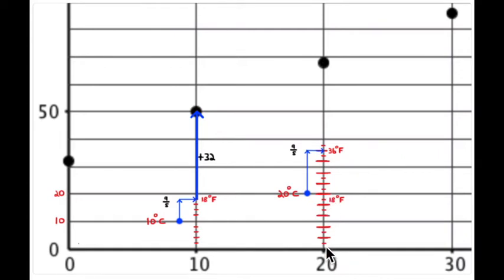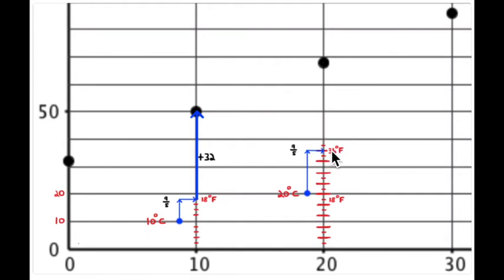But notice it's every 2/5 of the 10 degrees. So it's 1, 2, 1/5, 1, 2, 2/5, 1, 2, 3/5, 1, 2, 4/5, 5/5, 6/5, 7/5, 8/5, and then 9/5. So this is 30 degrees, 32, 34, 36 degrees.